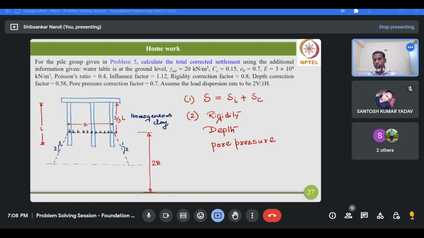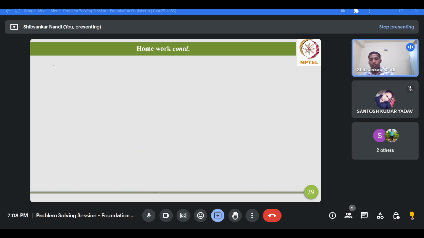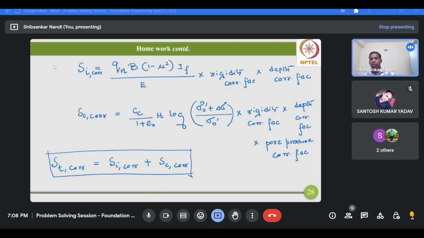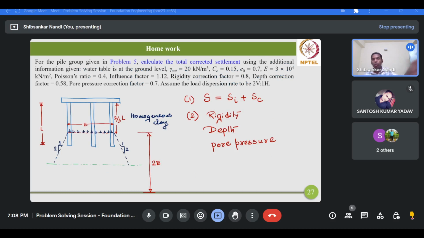Now, these parameters we should know before calculating the individual components, immediate and consolidation. So what is the value of Qn? Qn is the net load intensity, which is acting at a depth of 2/3 L from the pile top.